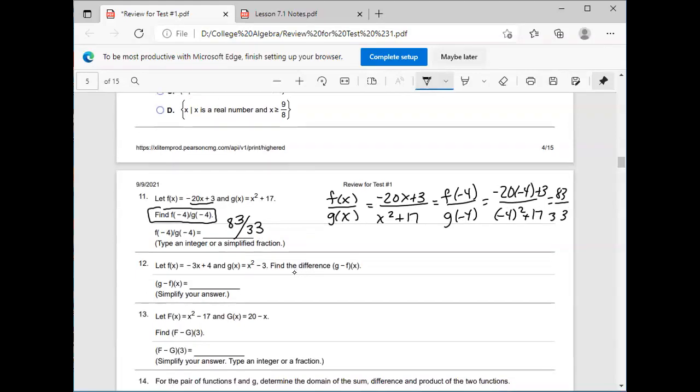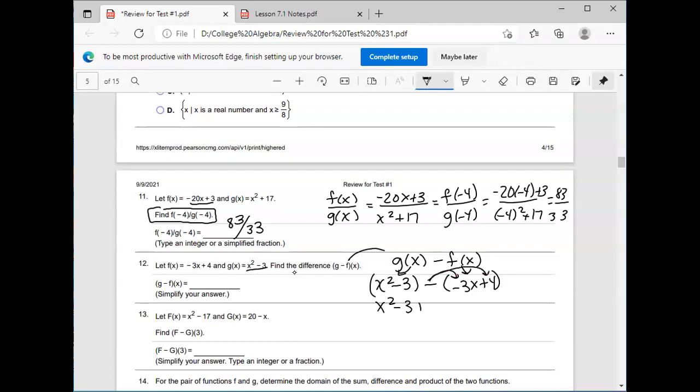Okay, this one's saying to do g of x minus f of x. Okay, well, g of x is x squared minus 3, and I want to subtract f of x, which is -3x plus 4. So we want to make sure we distribute that negative to both things over here.